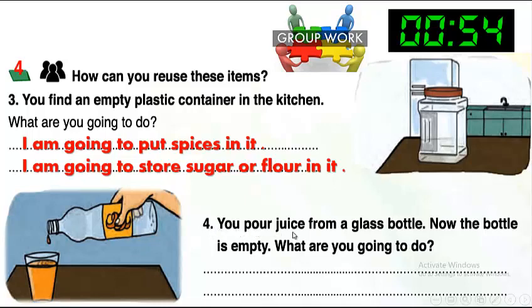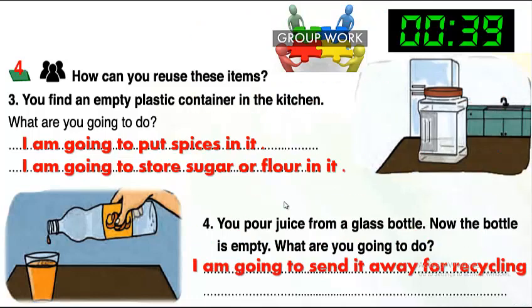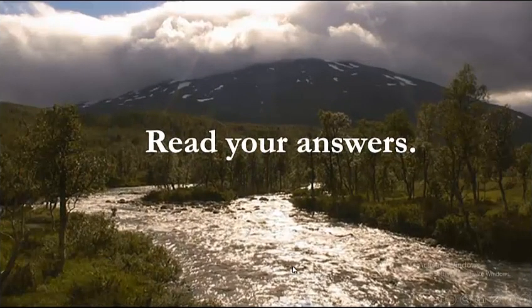You pour juice from a glass bottle. Now the bottle is empty. What are you going to do with it? Tell us your ideas. I am going to send it away for recycling. Okay. What else?